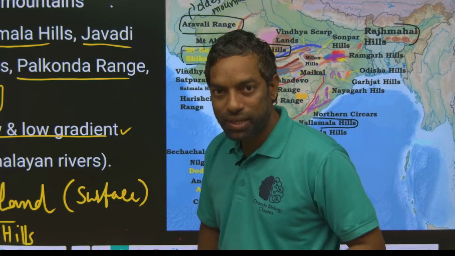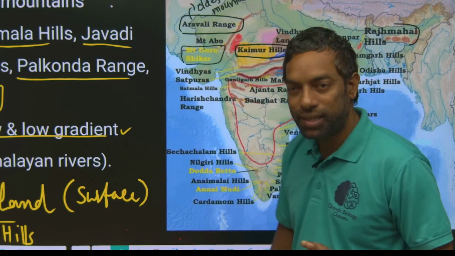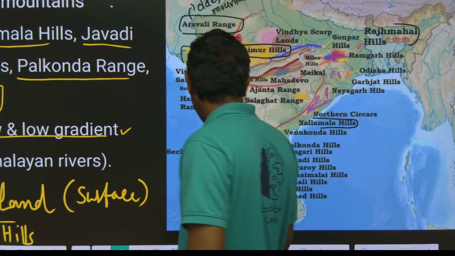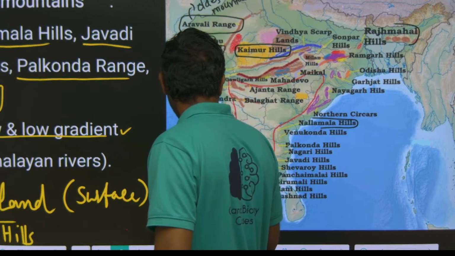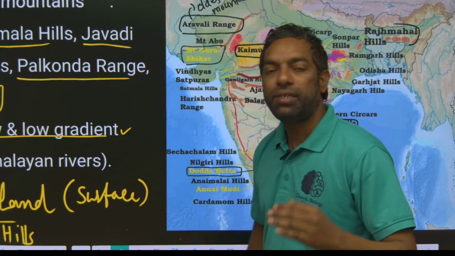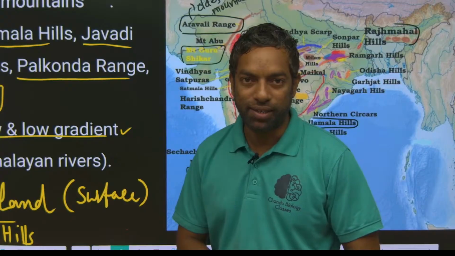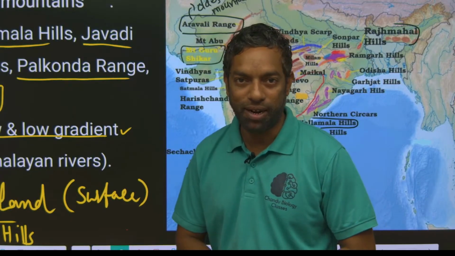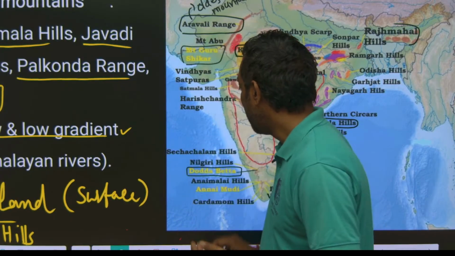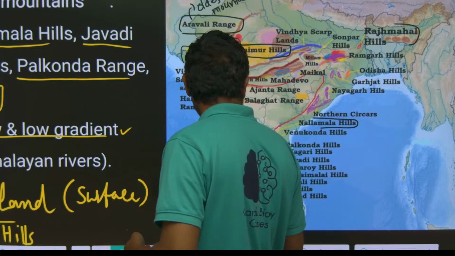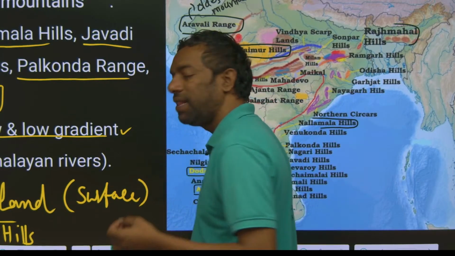And if you come to the southwestern Ghat side, south is Dodabetta. Dodabetta is the highest elevation peak point, guys. Okay, Dodabetta. After that Annaimudi. After that Annaimudi in the Western Ghats.